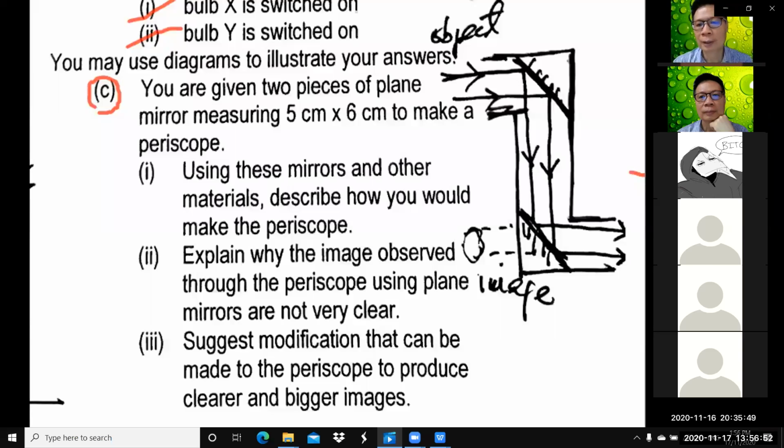Light from the object enters the periscope and is reflected twice before going into the observer's eyes.